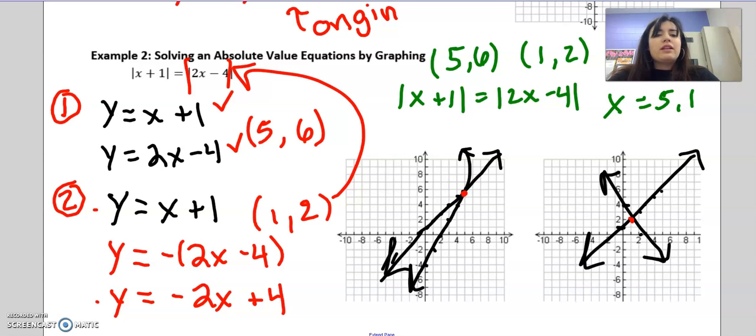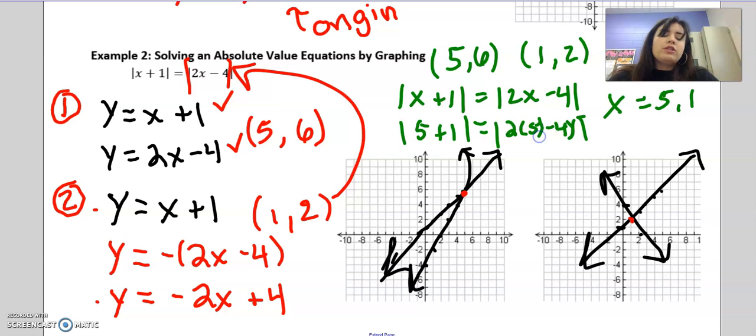So if we plug this in, let's do 5 first. We're going to do 5 plus 1 and 2 times 5 minus 4, and we're going to take the absolute value. So we have 5 plus 1 is 6. And then on the other side, 2 times 5 is 10, and 10 minus 4 is 6. So we're good.